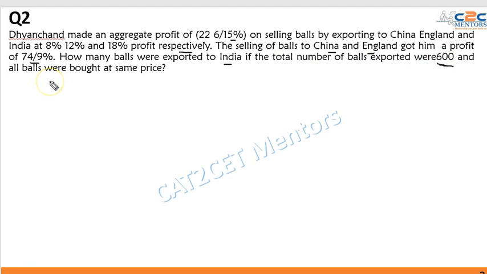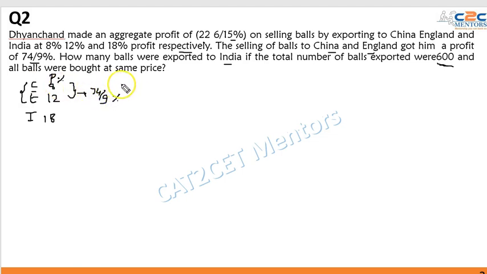Okay, so we are provided with 3 countries, China, England and India. The profit percentage respectively for China is 8%, for England it is 12%, for India it is 18%. And if I calculate together for China and England, my profit percentage is provided to me as 74 by 9%.